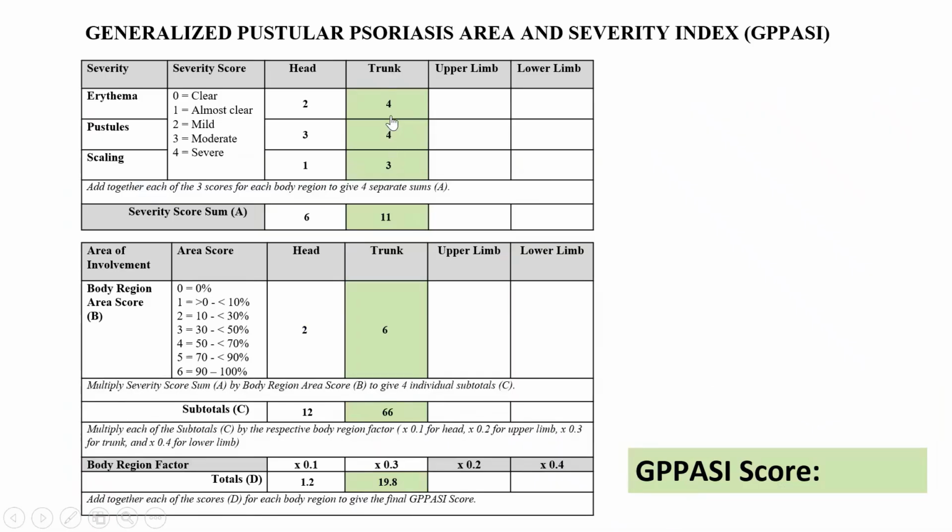So for this patient, I would score erythema and pustules as 4 and scaliness as 3, total 11, and since it's a very extensive area, I would give it a score of 6, which is definitely more than 90% of the trunk area. So 11 times 6 is 66. The trunk is weighted at 0.3, and the total score for trunk is 19.8.